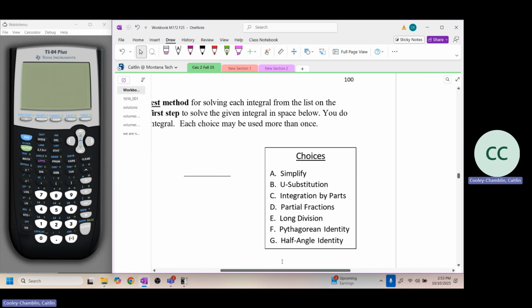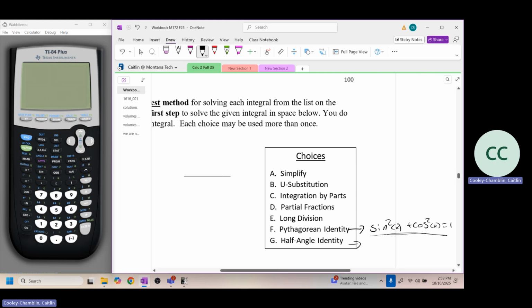Just real quick, the Pythagorean identity is when we use that sine squared plus cosine squared equals 1. And it's kind of combined with a U substitution. But if you have something where you would use this in your problem, this is what I'm looking for.